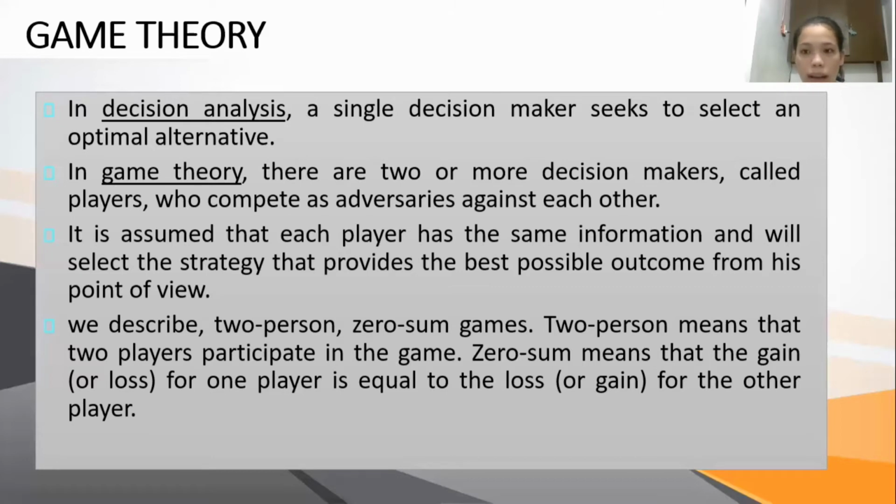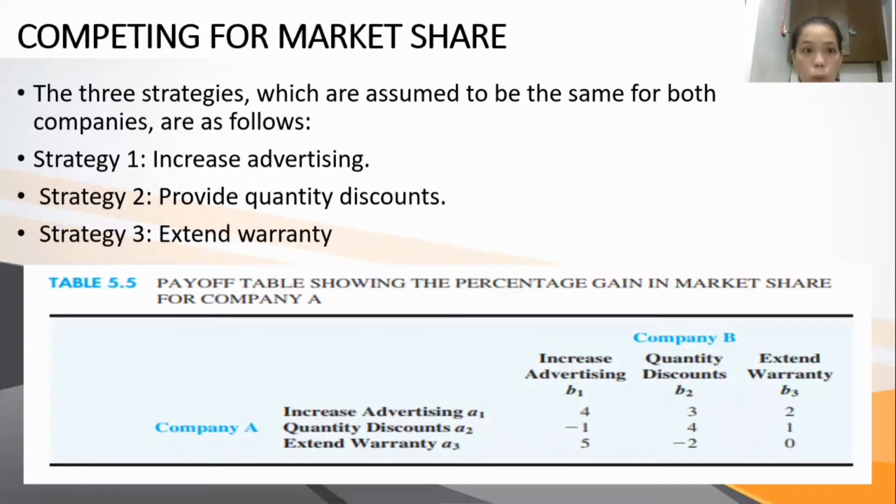So let us demonstrate the two-person zero-sum game, considering two companies who are competing for the market share. Suppose there are two companies who are manufacturers of a certain product, which they compete against each other for the market share.